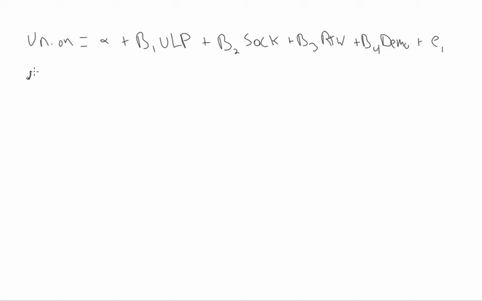So we have union, so our constant, the y-intercept in this equation, is actually 11.92 plus, this B1 is a negative 0.98 times ULP.